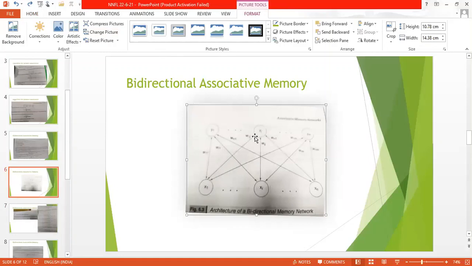The weight is mentioned from input to next layer only. But here you can observe it has arrows at both ends.